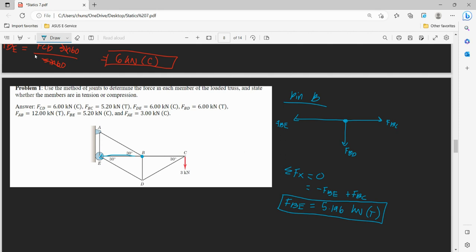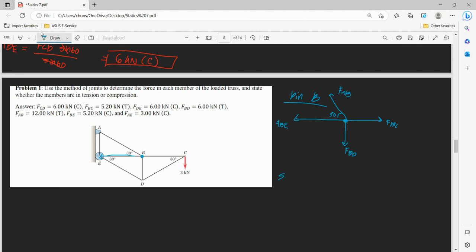Okay, and our last one, oh wait, I know why. Sorry, I missed one thing. Sorry, this is my bad. So there's one more force like this at 30 degrees, and this is FAB. Okay, there we go, that would be why.